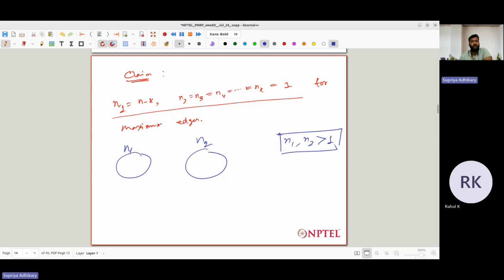Over here we have considered that only one component has more than one vertex, that is n minus k plus 1 many vertices, and the rest of the components consist of only one vertex. So the negation of this statement is that there are at least two components which have more than one vertex. Without loss of generality, we can consider that n1 is greater than or equal to n2, and n2 is greater than 1.